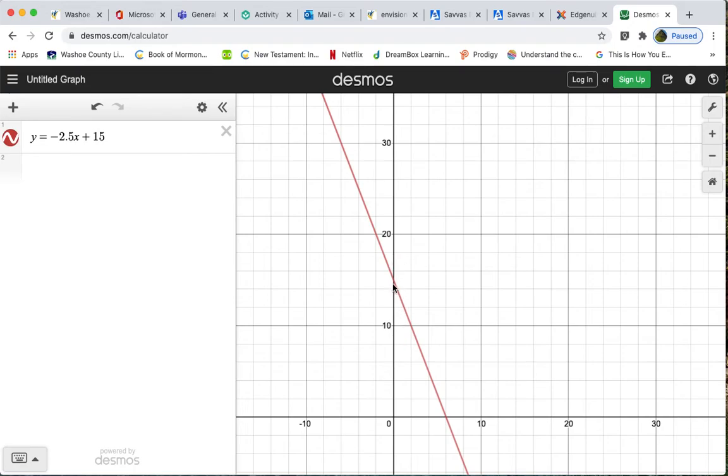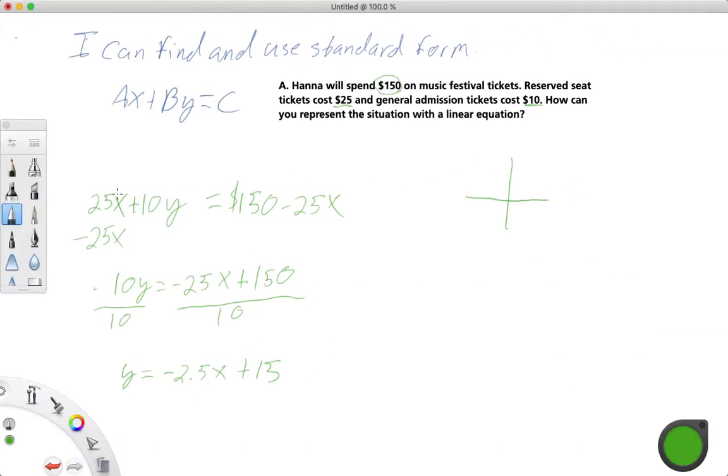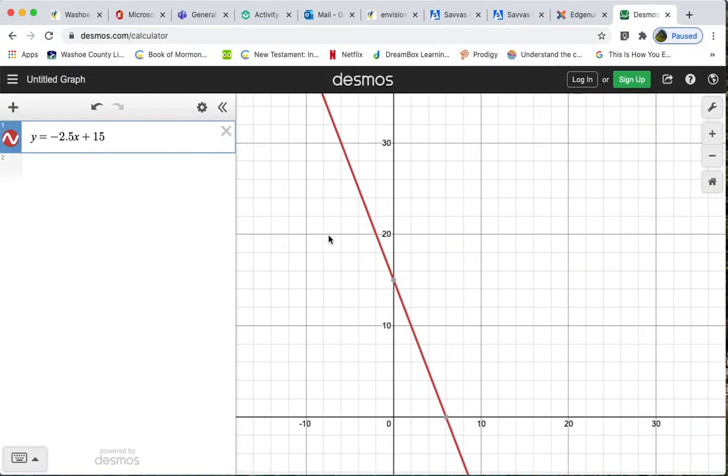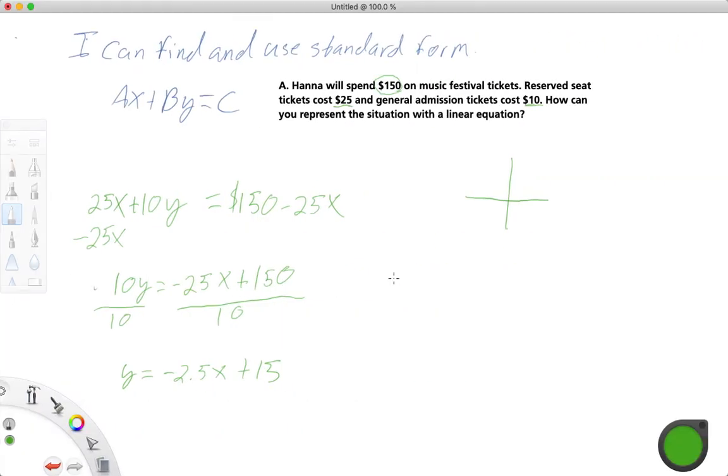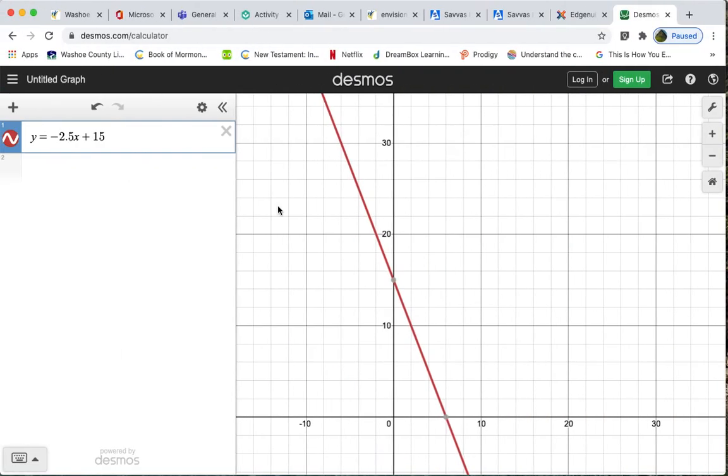So right here at 0, if we don't buy any of the reserved tickets, that was our A, then we can buy 15 of the general admission tickets, which we remember is $10 each, so 10 times 15 is $150, so that makes sense.